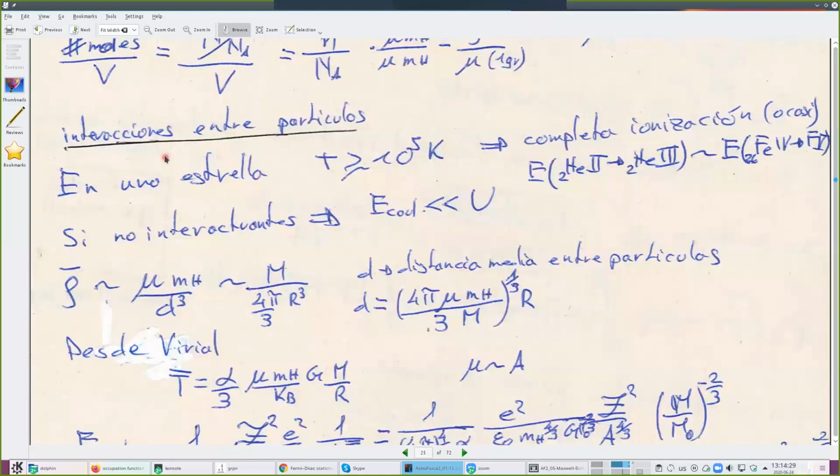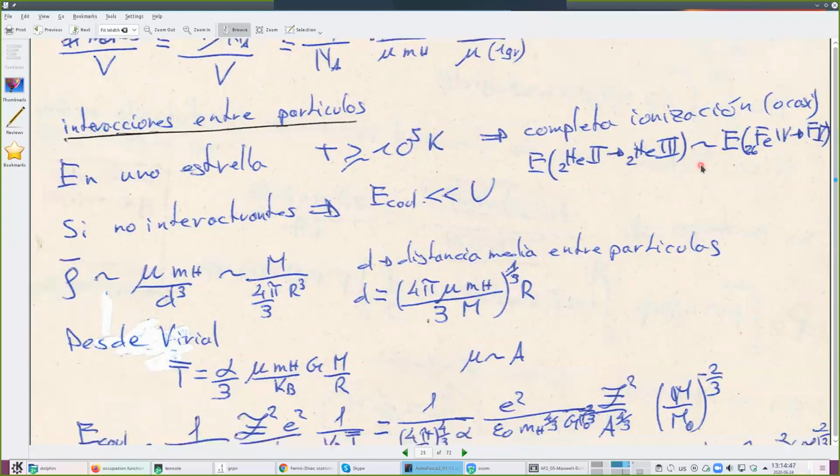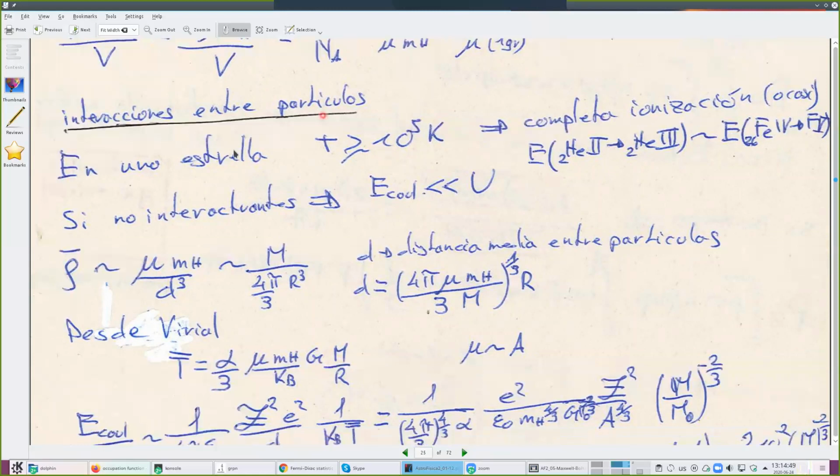All the previous assumed that the particles are not interacting. That means that all energy is just the sum of the energy of the single particles. Otherwise you would have to consider interaction and other energy like potential energy. In a star, internally, the temperature is usually above 10 to the 5 Kelvin, that is complete ionization or almost.